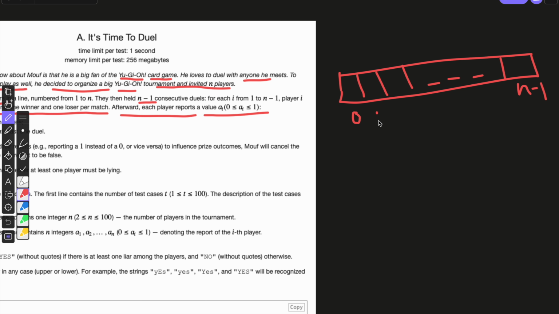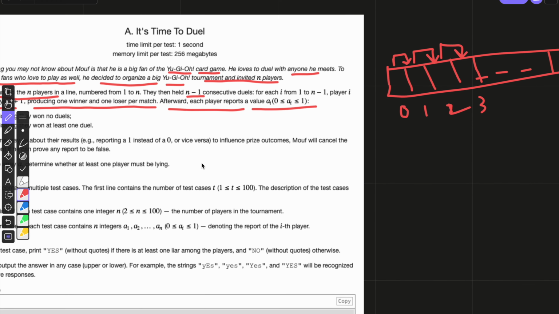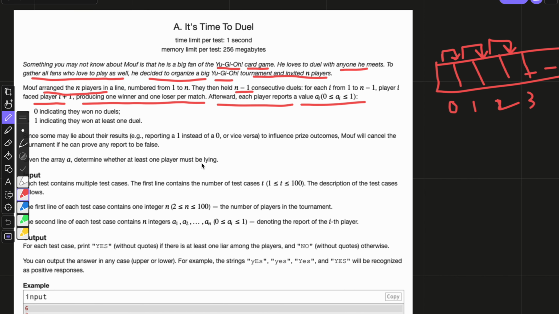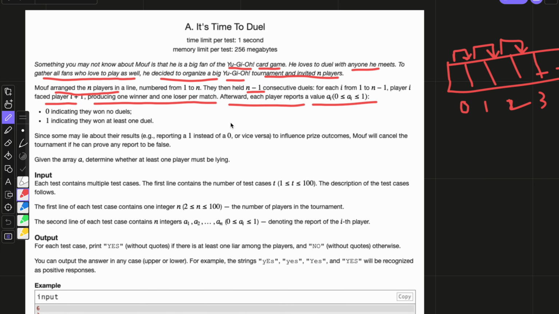So each player fights with its consecutive player. So 0 would fight with the player 1, 1 would fight with the player 2, 2 would fight with the player 3, and so on. After fighting, they will record each number, 0 or 1.